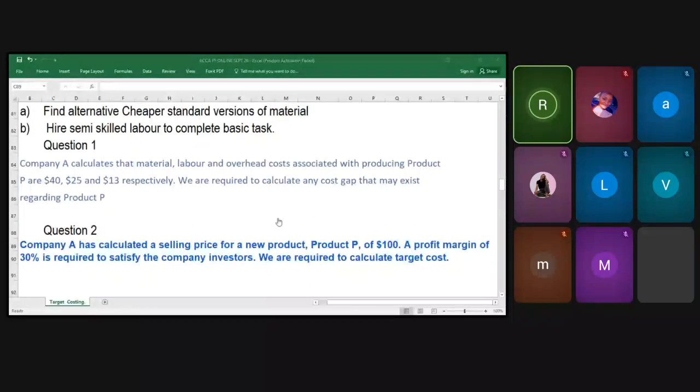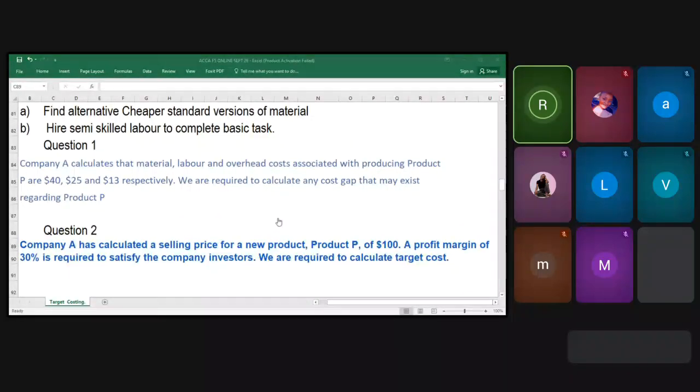All right, can we do so that we revise, guys? Question 2, people are rushing to question 2. What about 1? Cost gap.